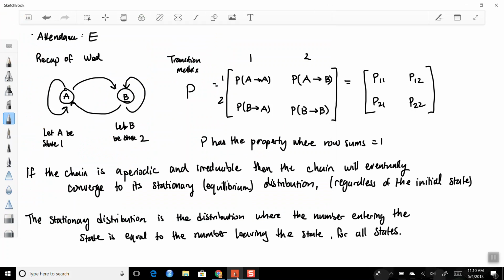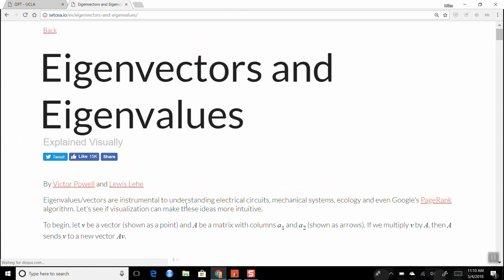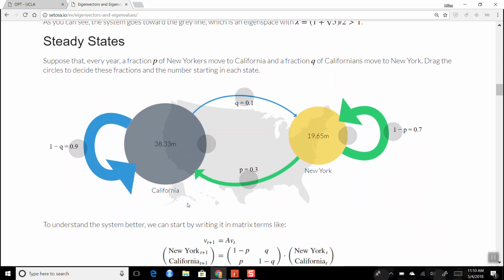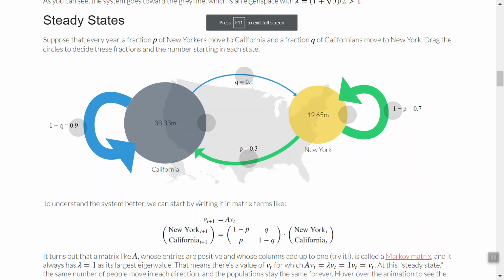And here's this little website that illustrates this with eigenvectors and whatever. All right, so here is a diagram representing, apparently there's only 2 states, California and New York, which we'll consider here.